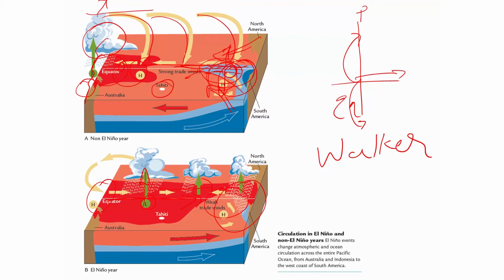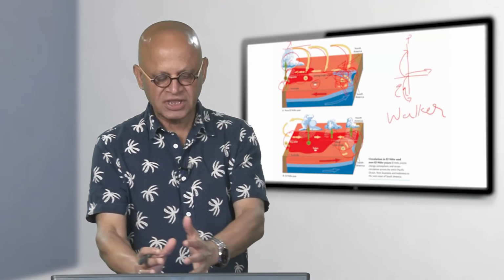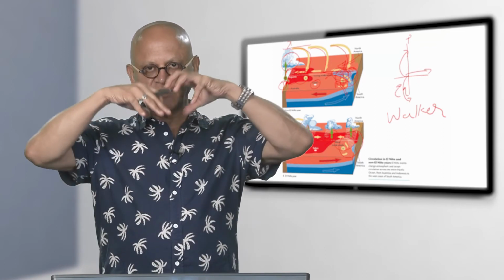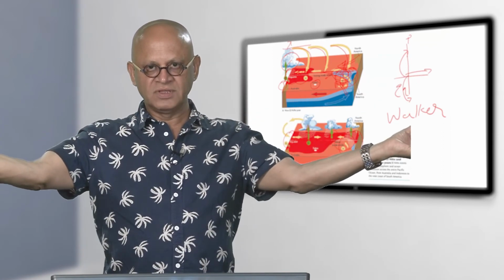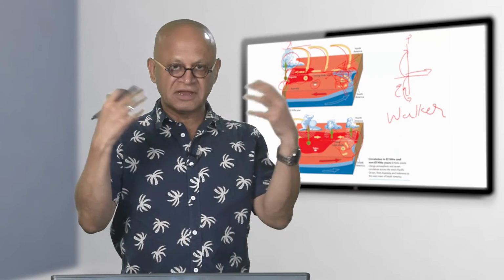In fact, you will get floods and drought, severe mudslides and so on this side, and I will show a global figure later on. Whenever you have such a strong heat source, that heat source will affect weather and climate all over the globe. So El Nino affects the entire globe.